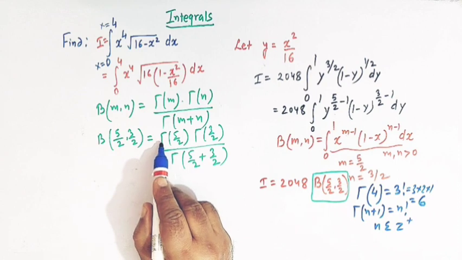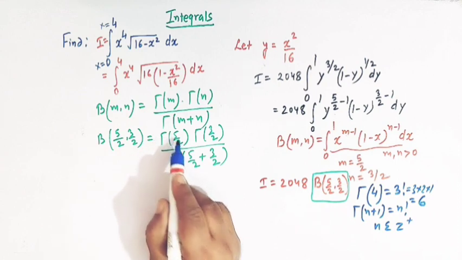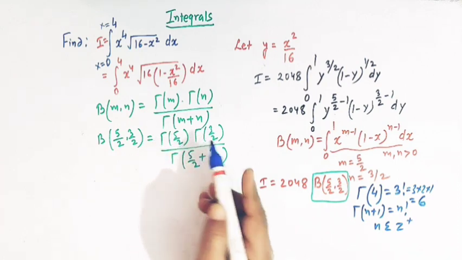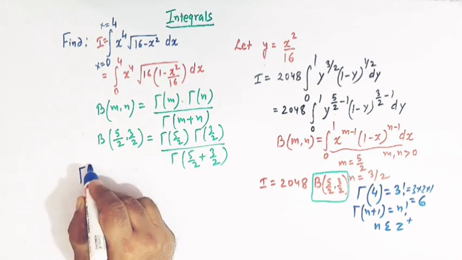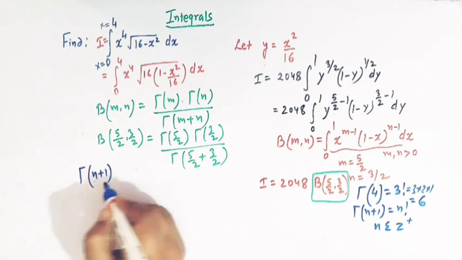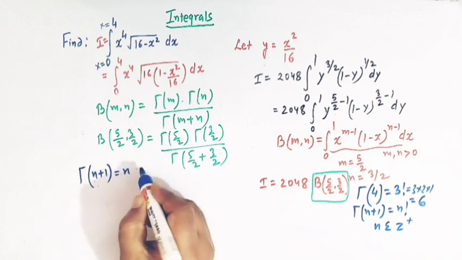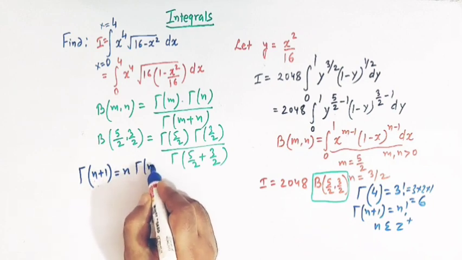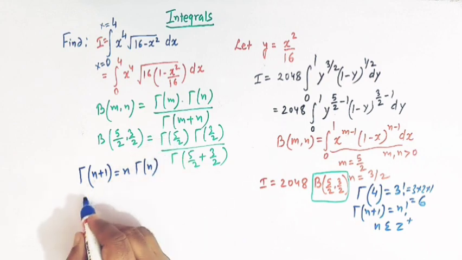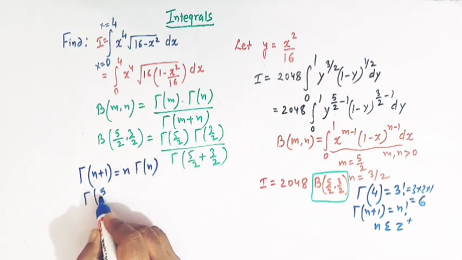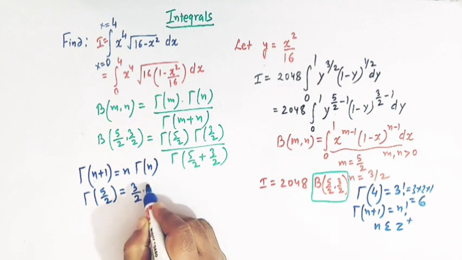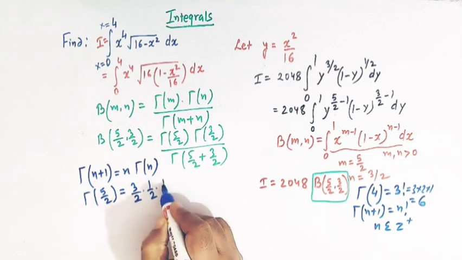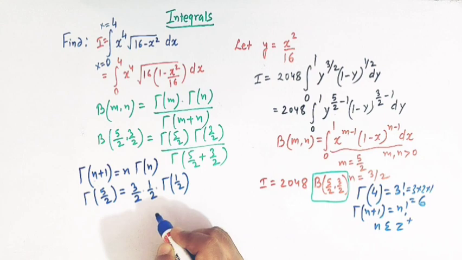Okay, now to get the value of gamma of 5 by 2 and gamma 3 by 2, we'll make use of one important relation, that is gamma of n plus 1 can also be written as n times gamma of n, right? So gamma of 5 by 2 can be written as 3 by 2 times half times gamma of half, right?